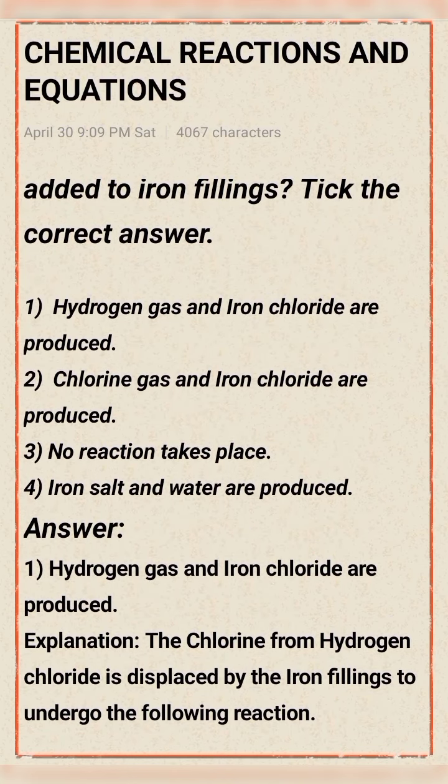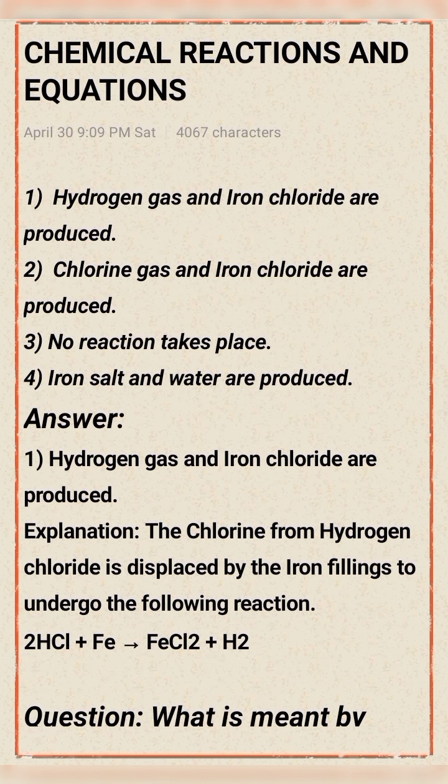Option 1 is the right answer. Hydrogen gas and iron chloride are produced, because the chlorine from hydrogen chloride is displaced by the iron filings in the following reaction: HCl, hydrochloric acid, plus iron Fe forms ferrous chloride FeCl2 plus hydrogen. The balanced equation: 2HCl plus Fe gives the products FeCl2 plus H2.